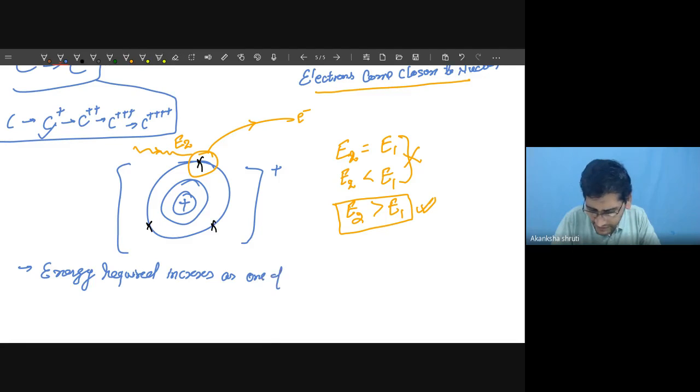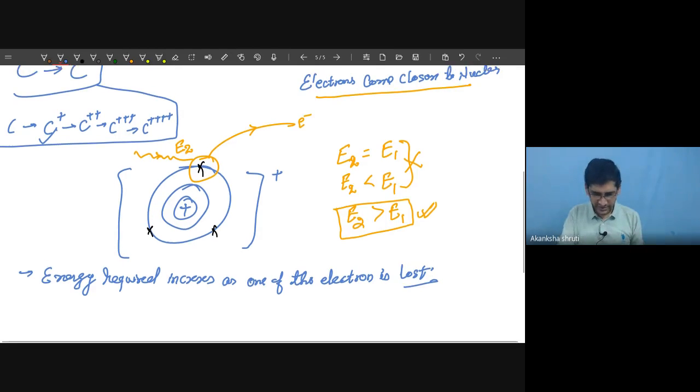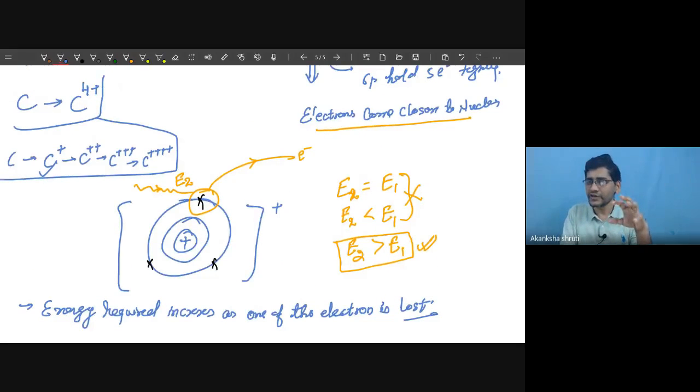So the energy required increases as one electron is lost. This is called ionization potential. Students, this itself is a big topic, called electron affinity and ionization potential. All these things you will learn in class 11th and 12th.